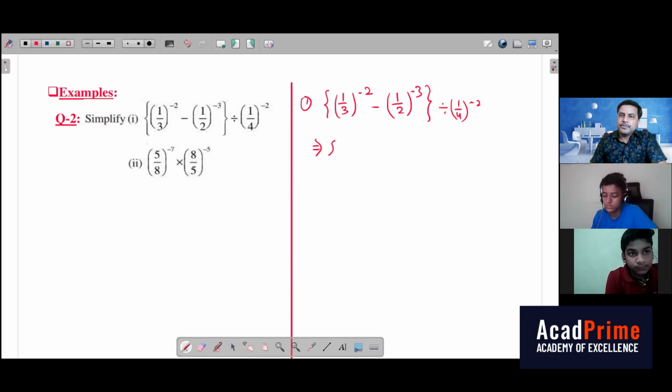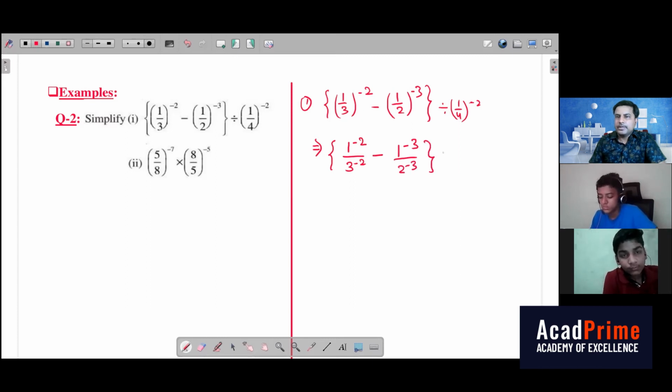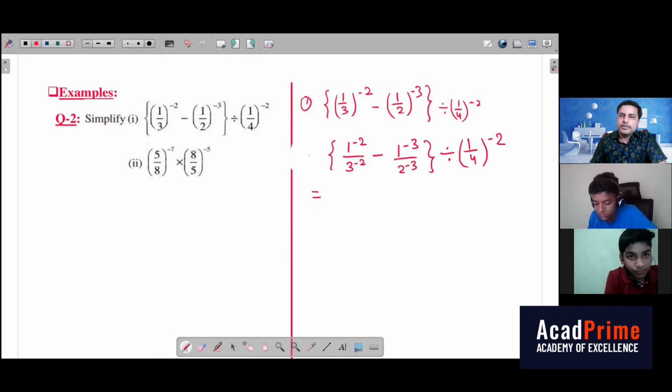For the first, it can be written as 1 raised to the power minus 2 over 3 raised to the power minus 2, minus 1 raised to the power minus 2 over 2 raised to the power minus 2, divided by (1 by 4) raised to the power minus 2. Now 1 raised to any power should be equals to 1. And what is the value of 3 raised to the power minus 2?